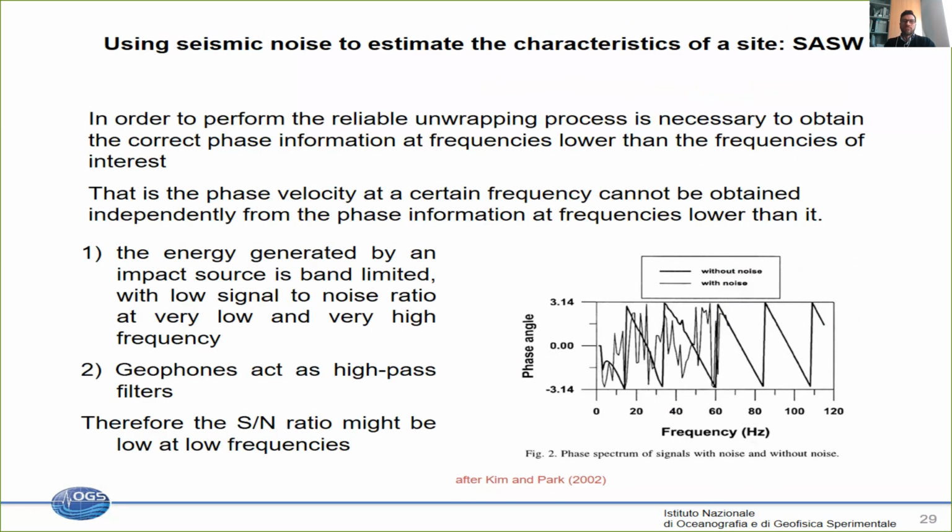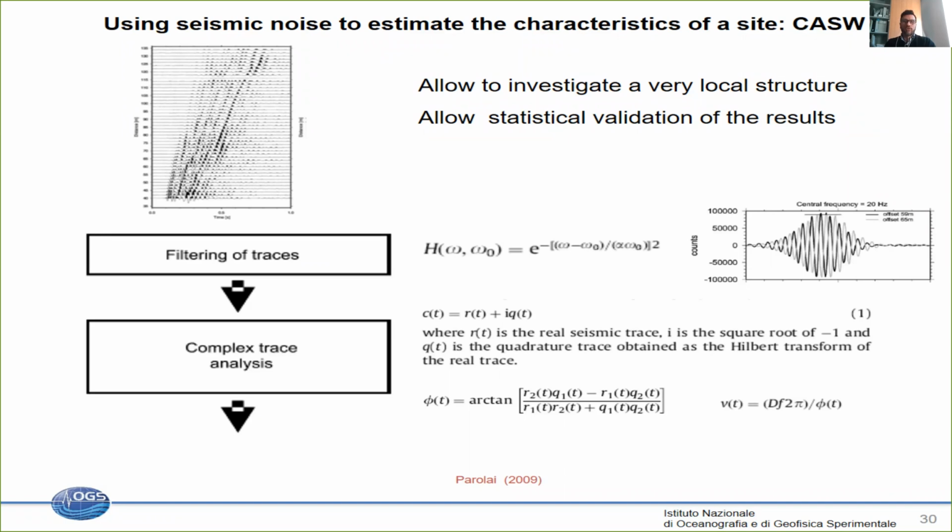We also tried to solve this problem a little bit with some other methods. For example, we proposed an alternative method that also allowed studying very local structure, but in which the analysis was not based only on providing one single value from two recordings, but on making some analysis on the whole filtered record of each one of the two geophones.